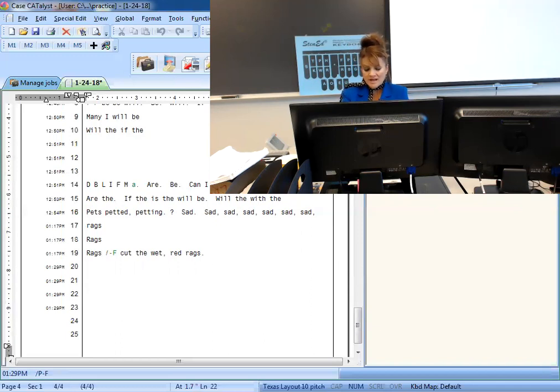The red car is starting. Is the car stopping? Are the cars stopping? Can the car stop? The car can stop.